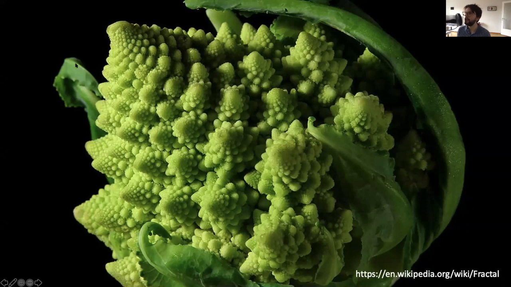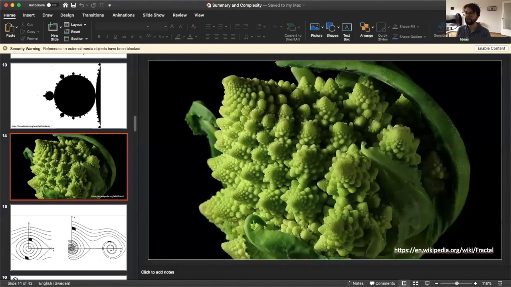Somebody probably told me the name in English. Brussels sprout. No, it's not Brussels sprout. Brussels sprout is a small one. It's another type of Romanesco, probably. We call it broccolo romano. So I don't know. Okay, so this is fractal patterns.